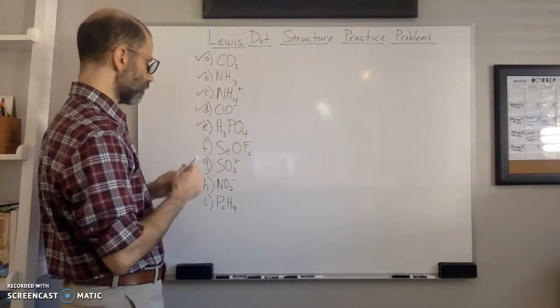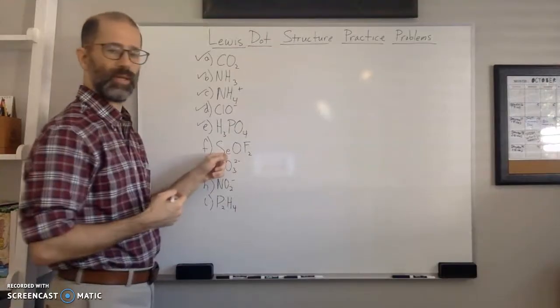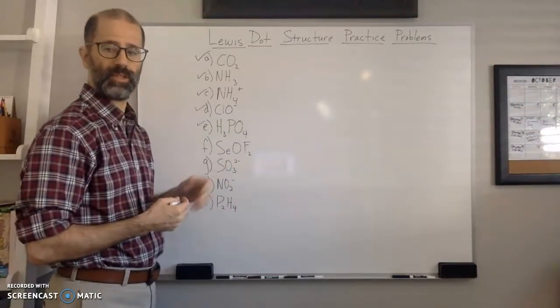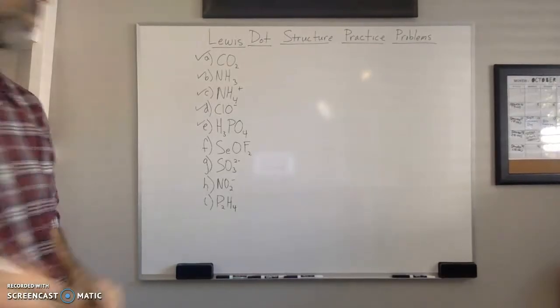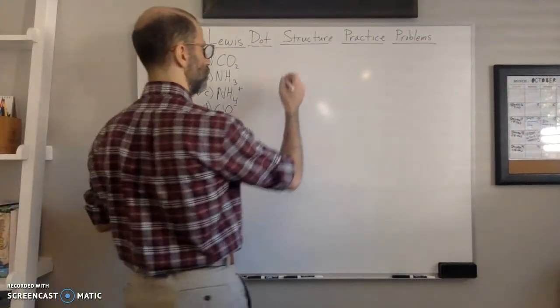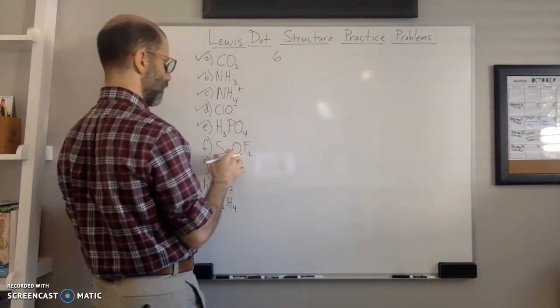So the first thing we need to do is figure out the total number of valence electrons. Selenium, I believe, is in group 4. No, it's in group 6 with oxygen. So selenium is in group 6, so it has 6 valence electrons.